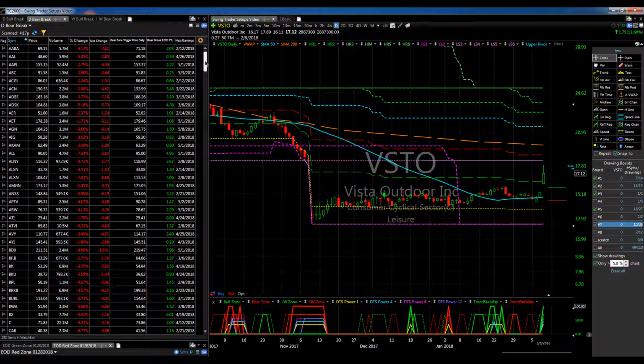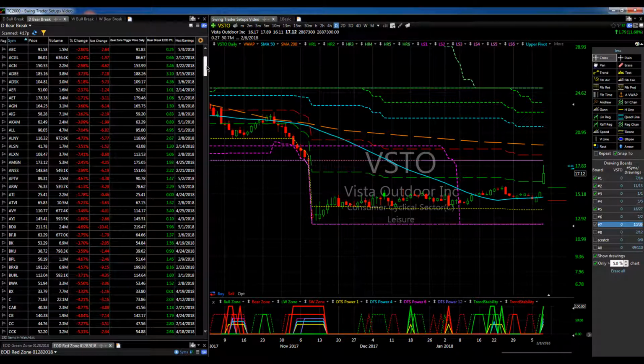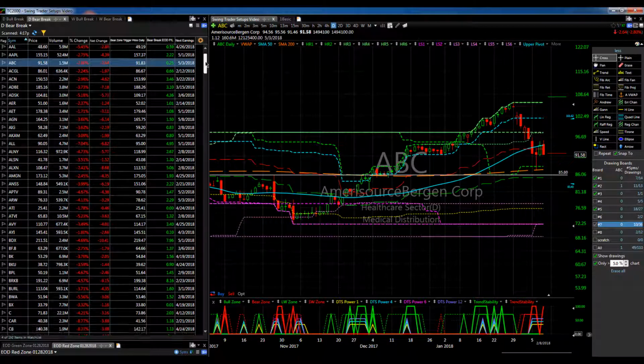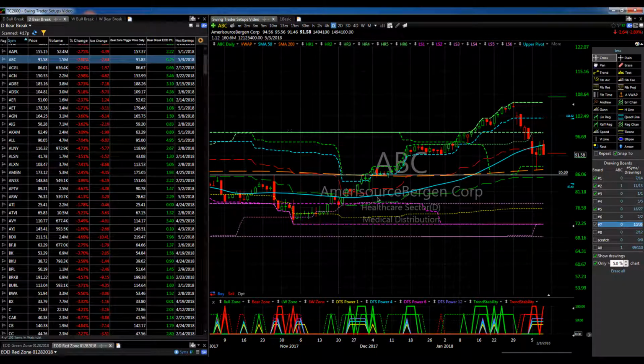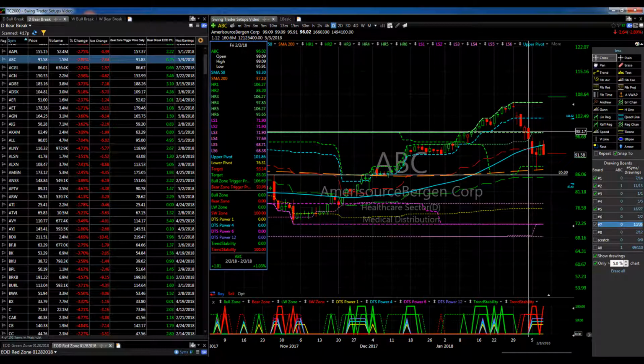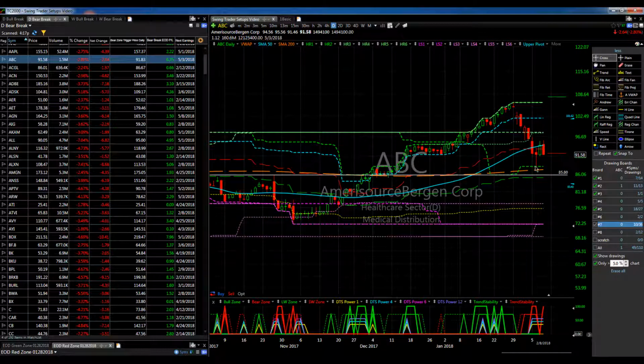You don't want to be chasing stuff, and most of these are recrosses. Like this right here, perfect example. It already crossed the bear zone way up here, recalculated as it went down, and now it recrossed it today.